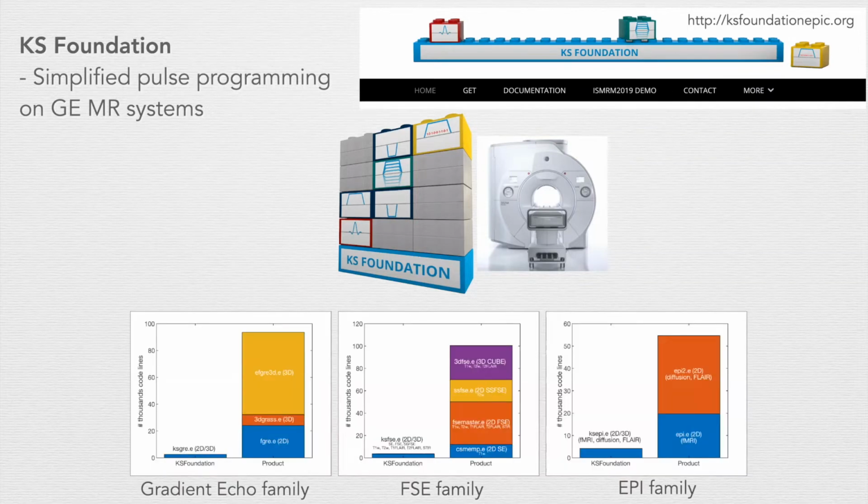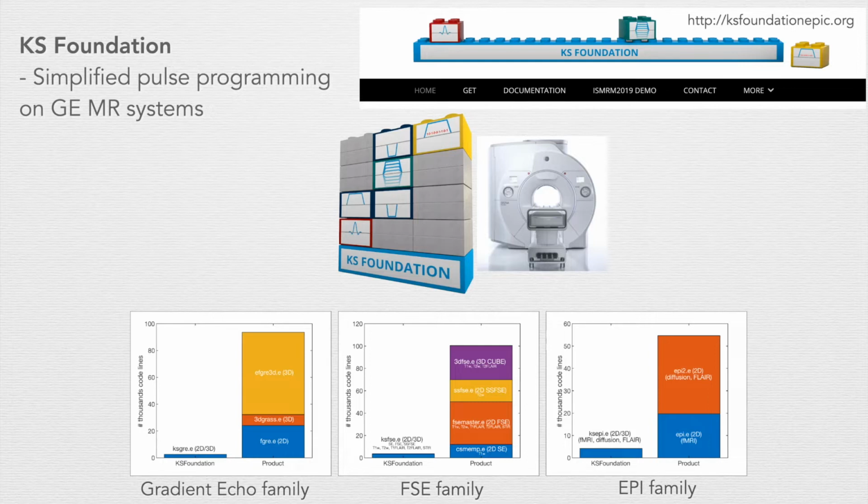Down here you can see that we have different types of acquisition techniques for MRI. If you want to make it very simple, you can divide them into 3 groups: one is the gradient echo family, one is the spin echo or turbo spin echo family, and the last is the EPI family. There are more, but we can group them like that.